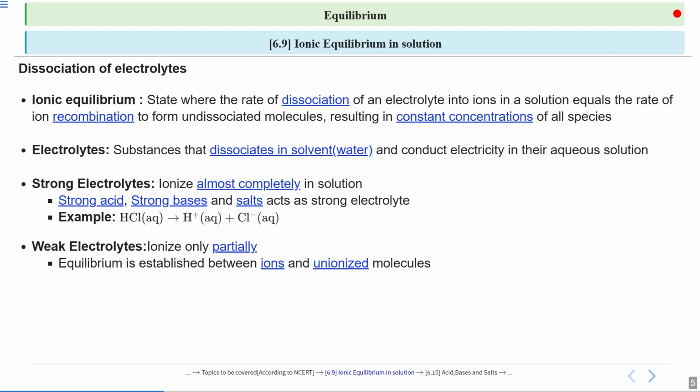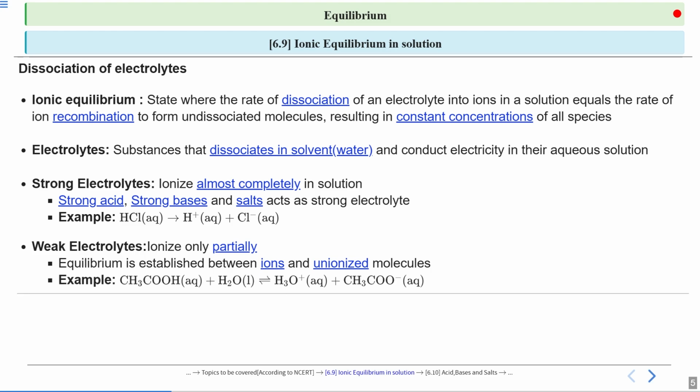But there is no point in looking into that. The equilibrium plays a much more important part in weak electrolytes, where there is a tug of war between the two parts, the ionized and the unionized part. Got it? So let us see the same with the help of an example.